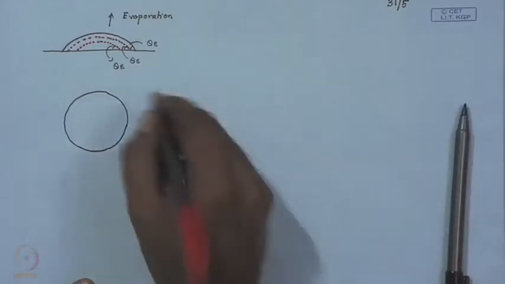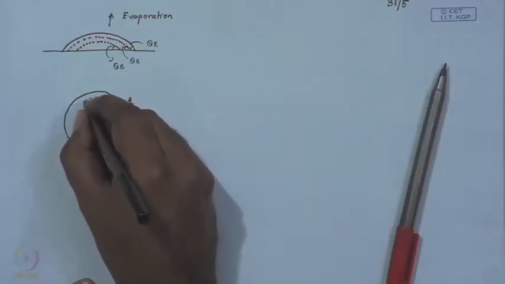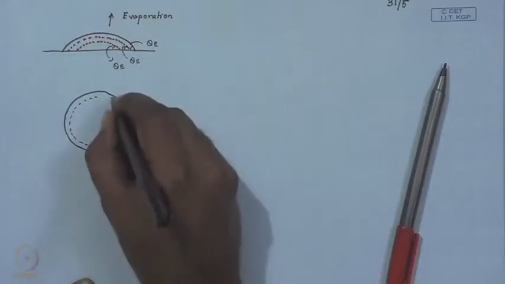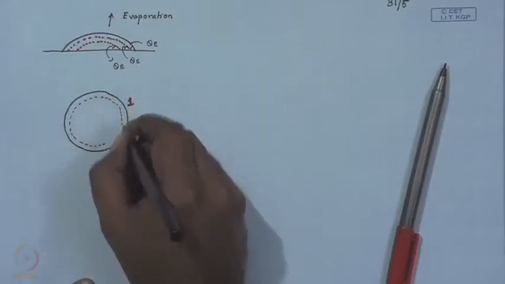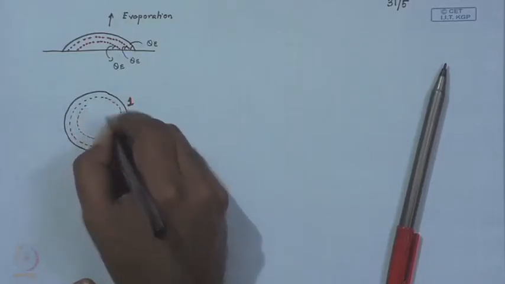Okay. So, if this was my initial location of the contact line, you might see that it has become like this after a while, and after a while it has become like this.